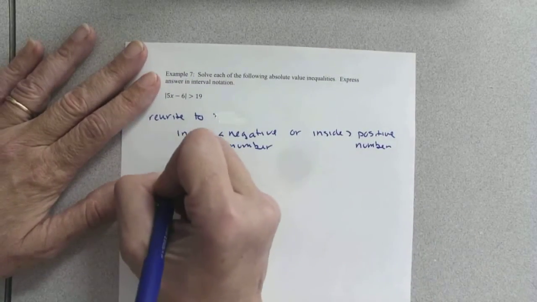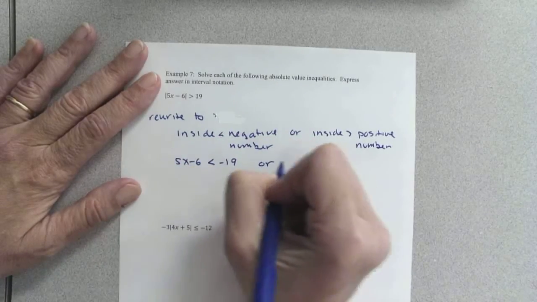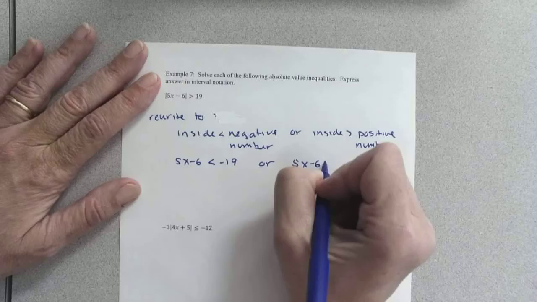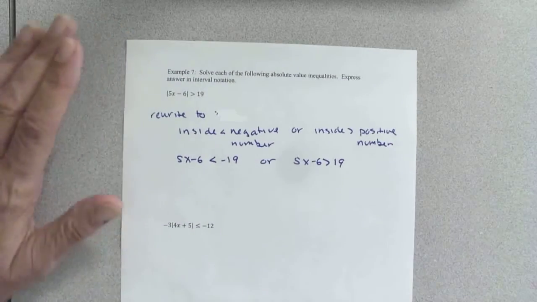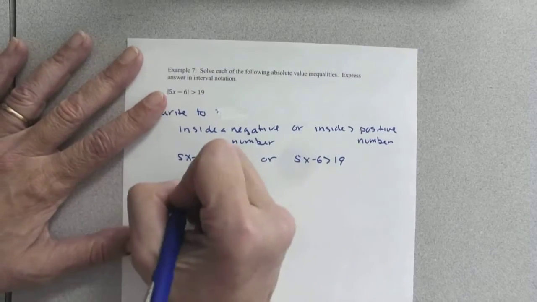So in this case, 5x minus 6 less than negative 19, or 5x minus 6 greater than 19. Notice again, I don't change the 5x minus 6. I know, very tempted to change that minus 6 to a plus, but we don't, because it's not just minus 6. It's the number 5x minus 6, and I don't really know what 5x minus 6 is, so I can't just change part of it. Then just solve these.